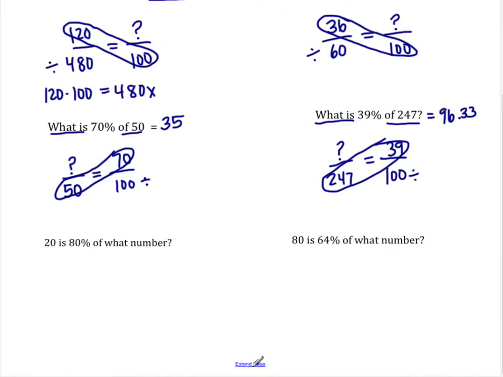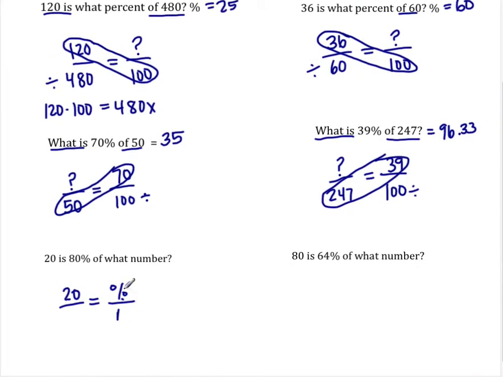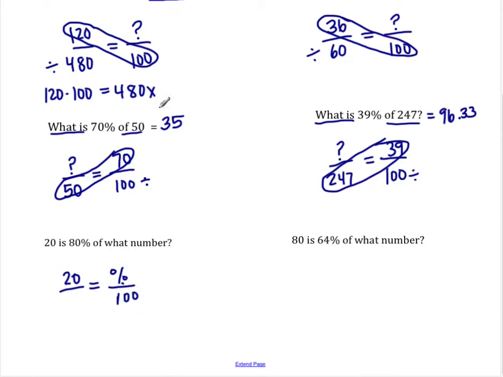Okay. Then we have these last two. Remember our formula is over of equals percent over 100. So we have 20 is 80% of what number? So 20 is in my is position. Okay, and of what number?